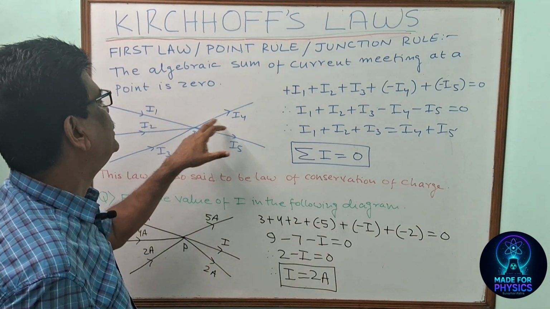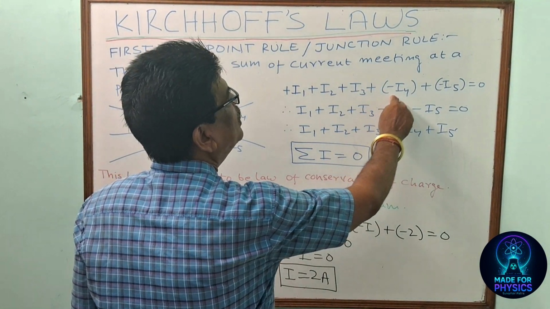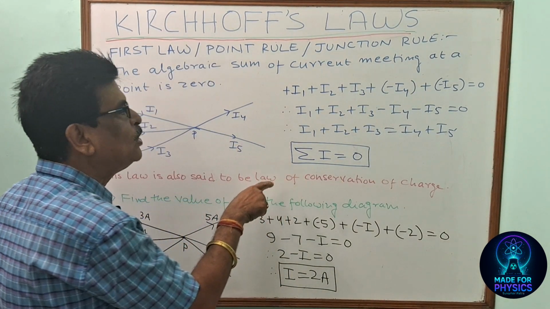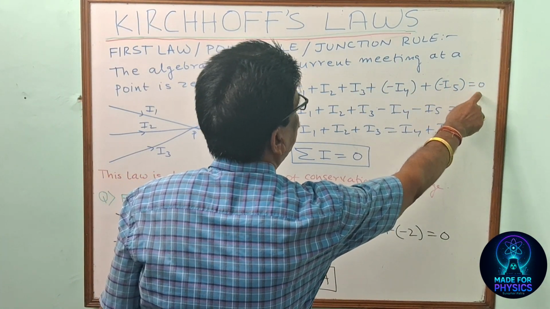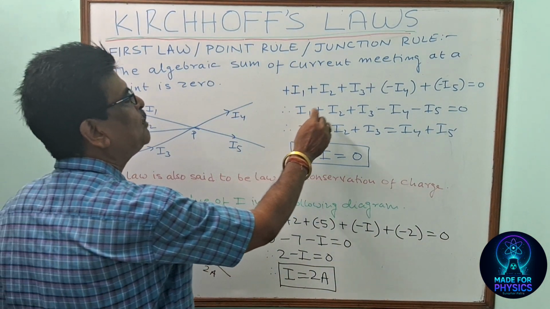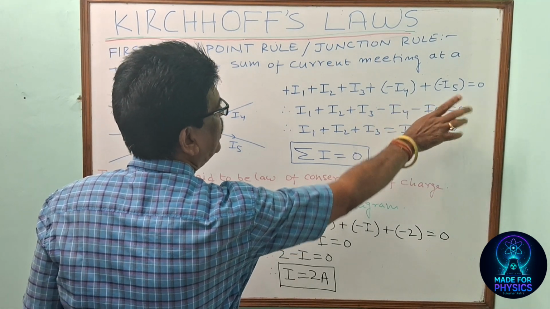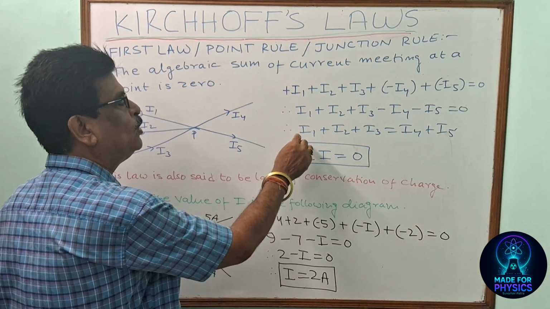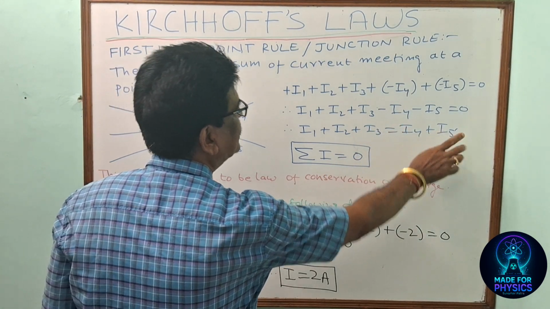Now I4 is receding away from the point, so it is written with minus I4. I5 is also receding from the point, so minus I5 is equal to 0. So we can write I1 plus I2 plus I3 minus I4 minus I5 is equal to 0, which can also be written as I1 plus I2 plus I3 is equal to I4 plus I5.